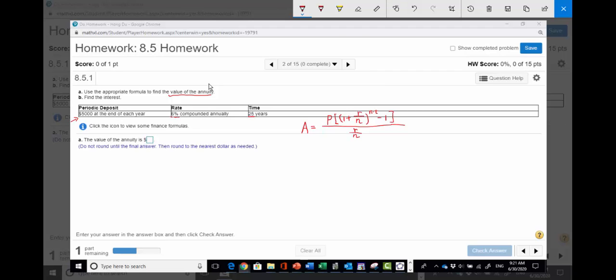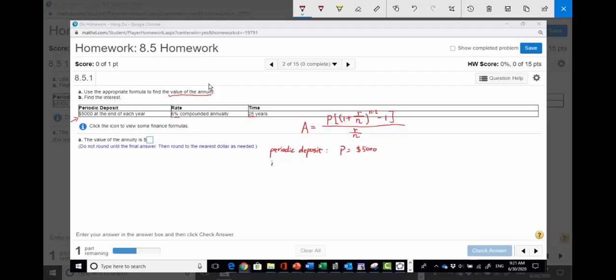Okay, so now let's find each piece we need to calculate A. The P in the formula is the periodic deposit, and that's given as $5,000.